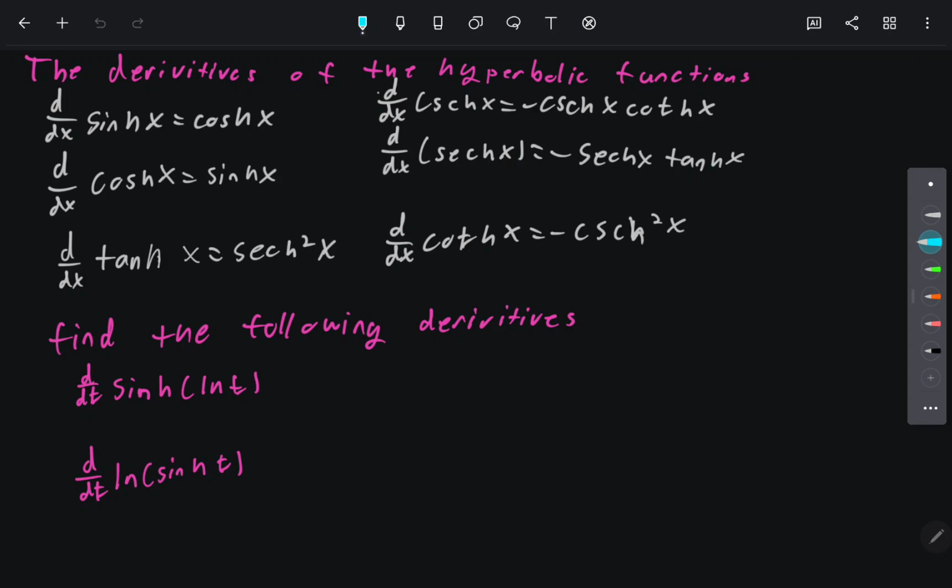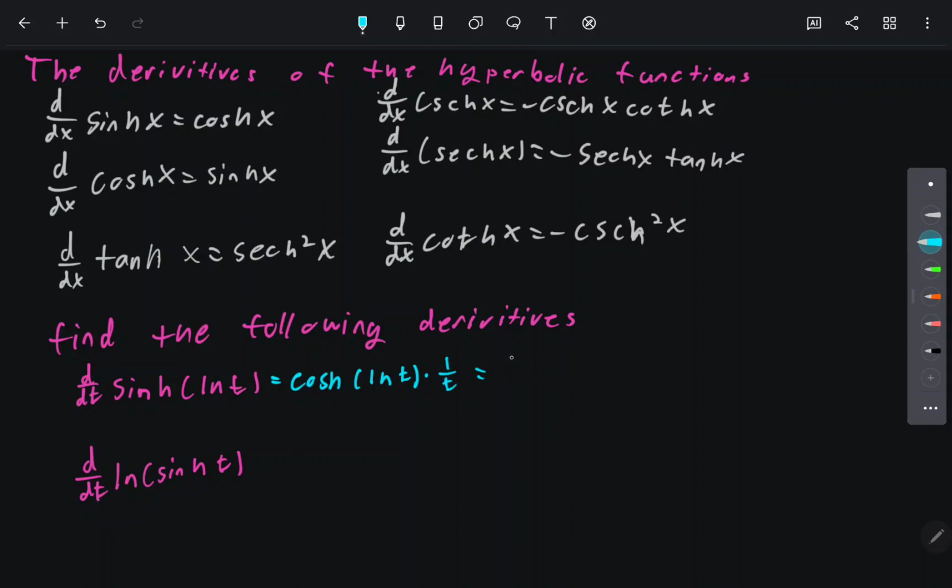So, to start out, we know the derivative of the hyperbolic sine is hyperbolic cosine. So we get the hyperbolic cosine of the natural log of t times the derivative of the inside function, which is just 1 over t.